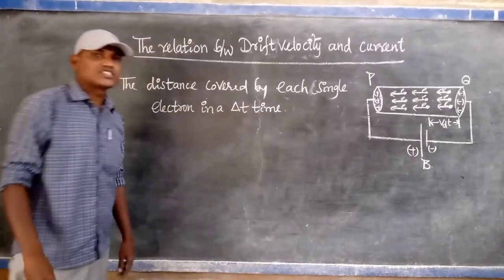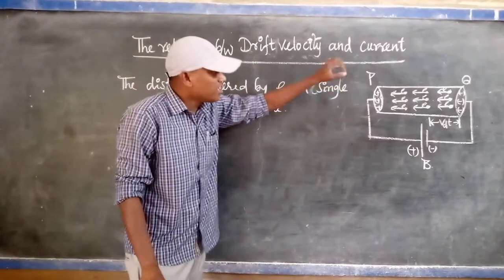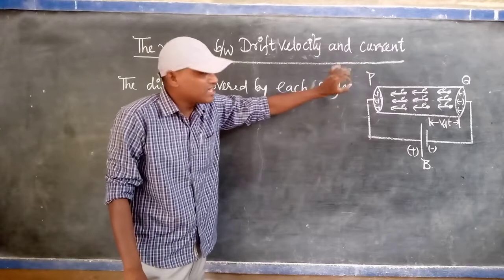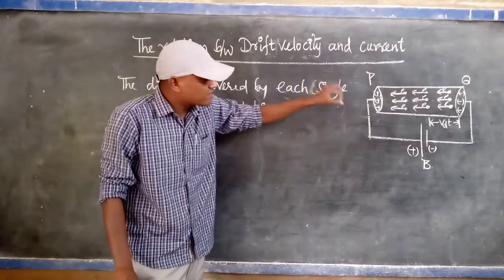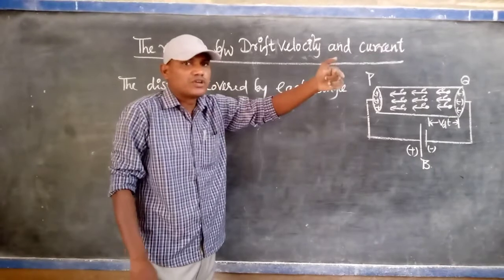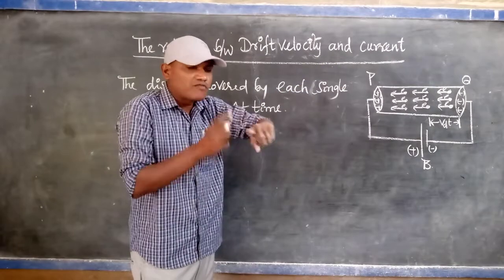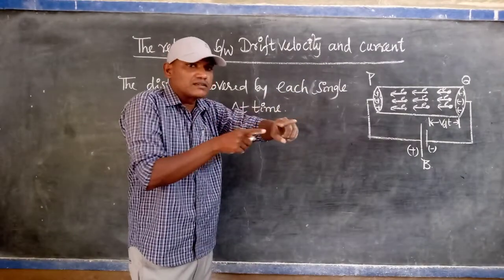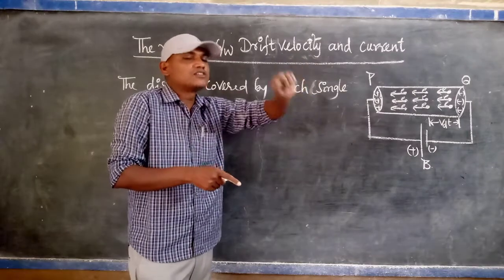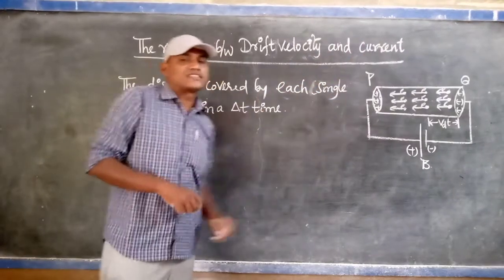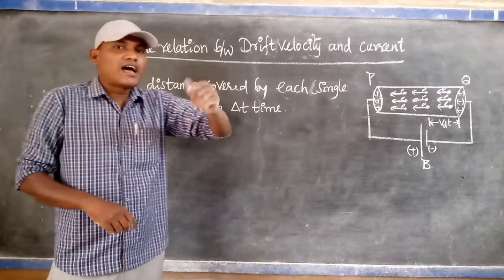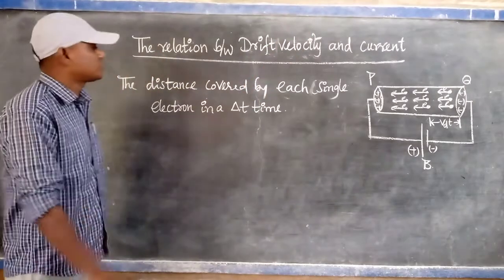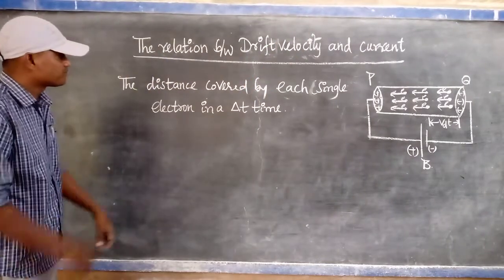Delta t is nothing but change in the time. Initially the velocity of the electrons is 0, they are not set into the motion. After connecting to the battery, they set into the motion. So when the experiment is started, from 0 to the next 1 second, in 1 second it covers certain distance. In 2 seconds it covers some more distance. That's why as time changes, the distance covered by the body also changes. That is the meaning of that.